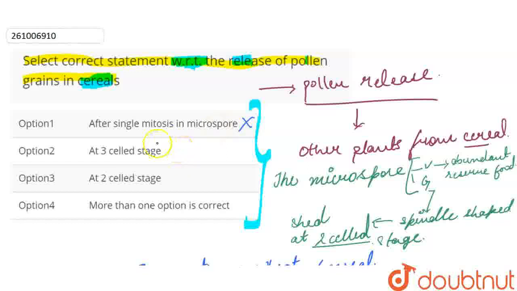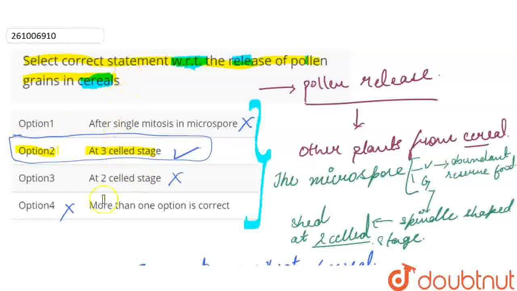Option 2 says at the 3-cell stage, which is absolutely correct. At the 2-cell stage is incorrect, as this happens in other plants apart from the cereals. And the fourth one says more than one option is correct, which is also incorrect, as only one option, that is option 2, is the correct answer for this question. At the 3-cell stage, the pollens are released from the grains of cereals.